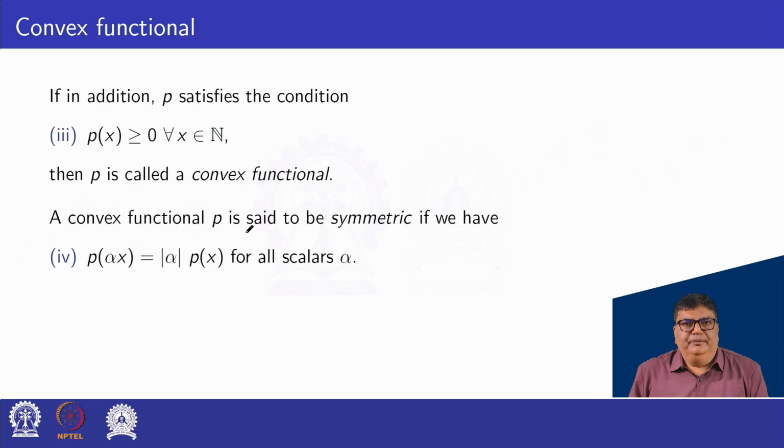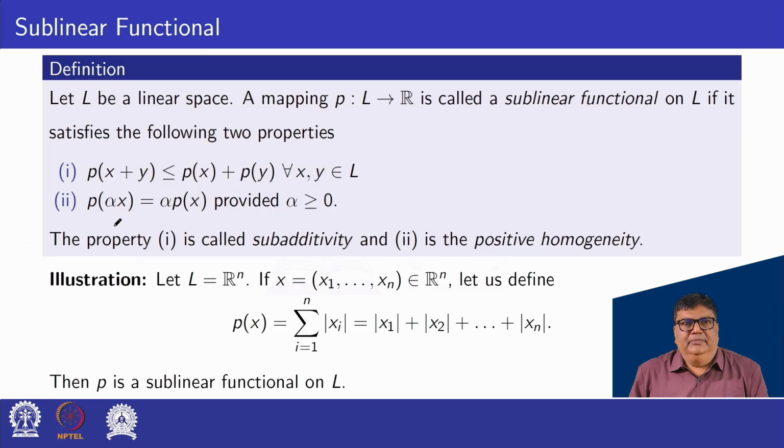A convex functional P is said to be symmetric if we have P of alpha x equal to mod alpha Px for all scalars alpha. So for a convex functional, P alpha x equals mod alpha Px in place of the positive homogeneity.